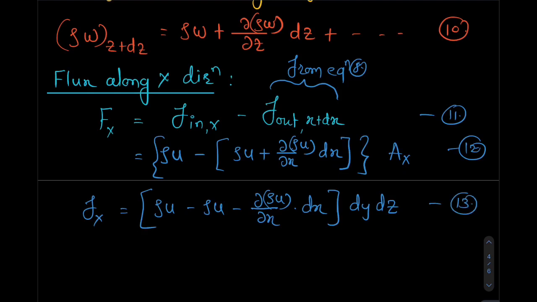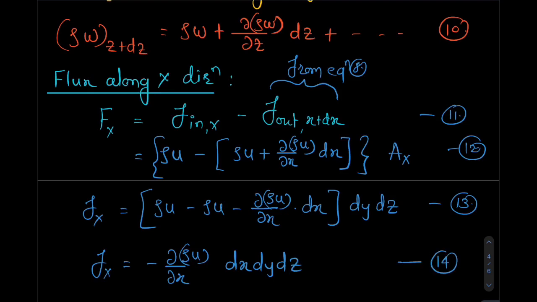So the first two terms will cancel off on the RHS and we will have directly the flux x as partial over partial x of rho u, times dx dy dz.